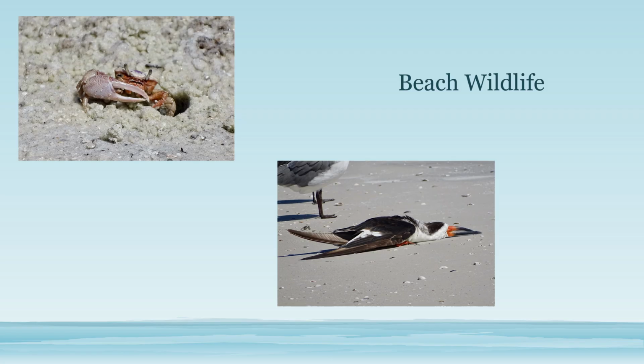They dig holes down just below the water table so they can get water and land. I found the other picture to be interesting. That's a black skimmer, and it's laying on the forebeach. I'm not sure why they have this behavior, but sometimes skimmers take a little rest on the beach.